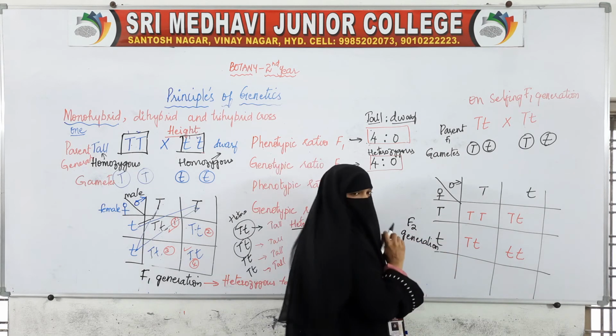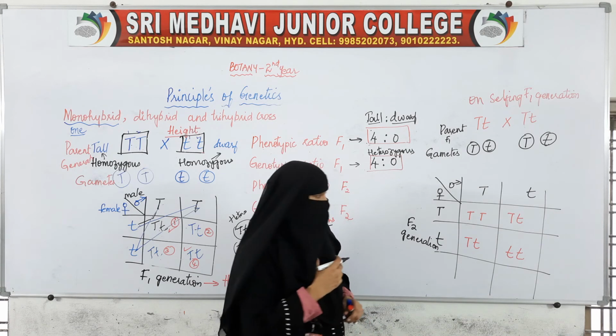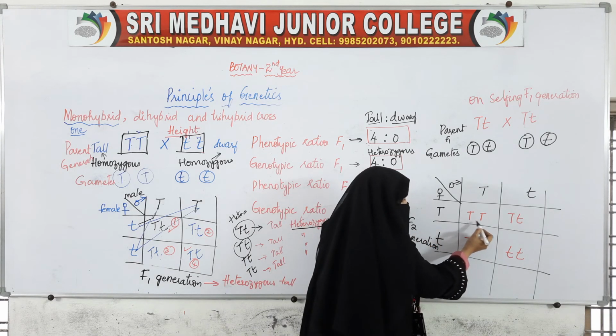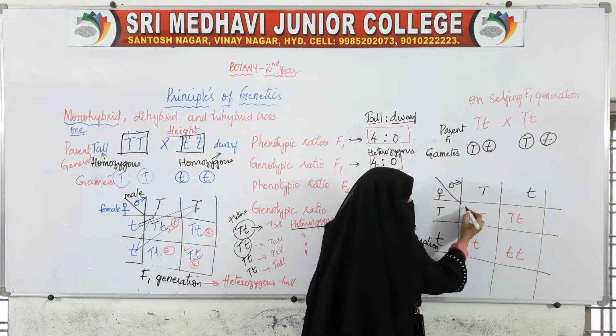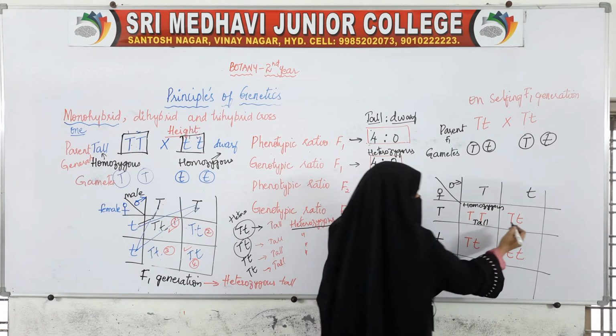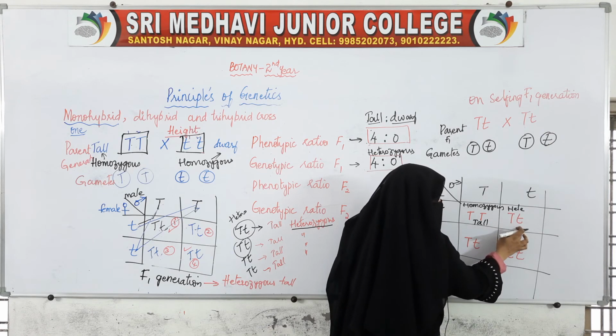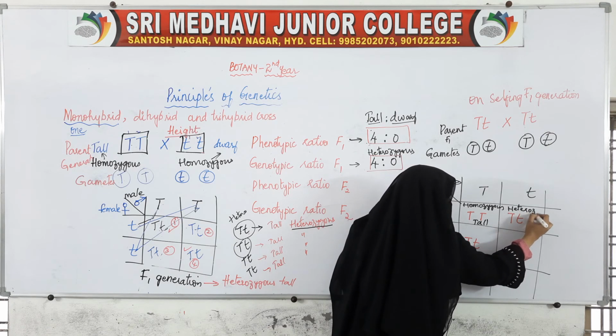In this F2 generation, let us see what are the characters, that is the probable combinations which we got. Here both of them are tall, that is homozygous, same gene. And what is the appearance? Tall. Here this is heterozygous because one is capital T, one is small t, heterozygous.